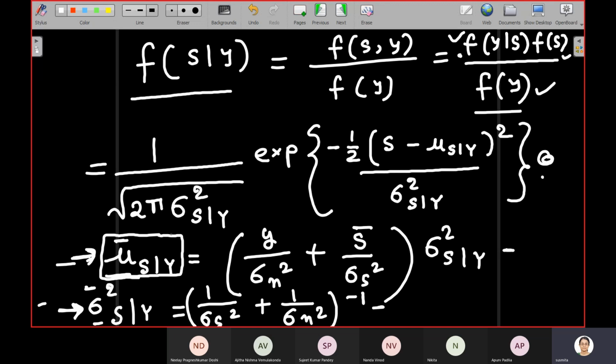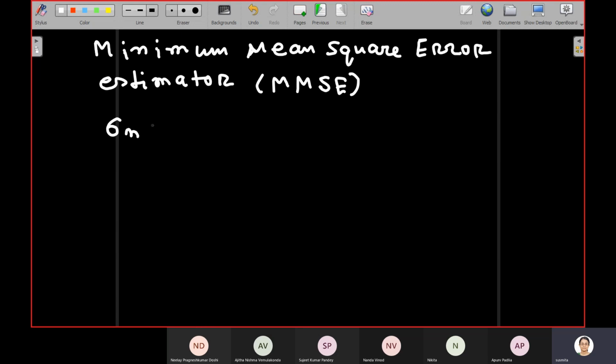This is one thing. Second thing, you just see we have sigma n square and sigma s square in the denominator, right? Now what if sigma n square is much greater than sigma s square? So this indicates that the quality of measurement is not good. Noise having a larger variance means the measurement quality is not good.